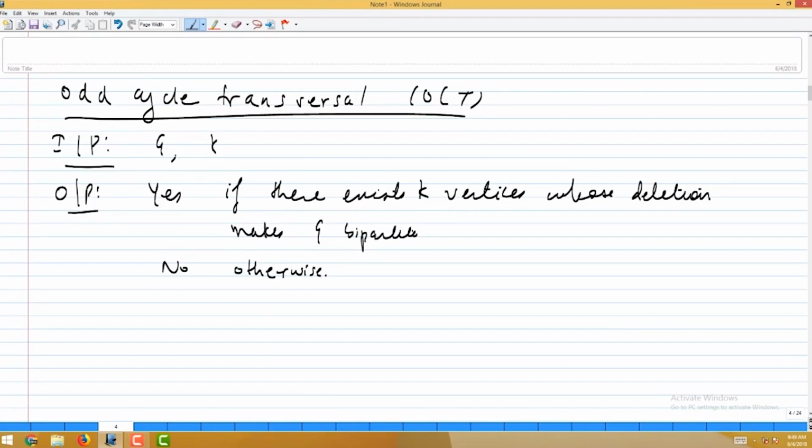Can you guess why the name is odd cycle? Exactly. This is a set of vertices whose deletion kills all odd cycles in the graph, right?